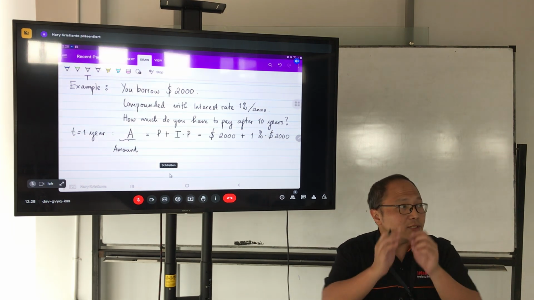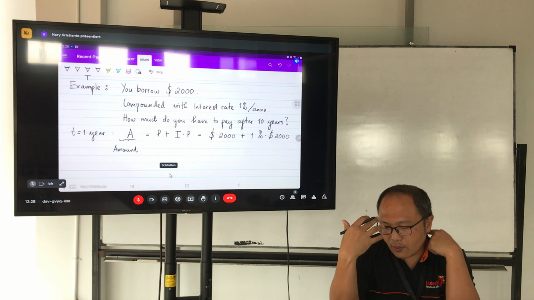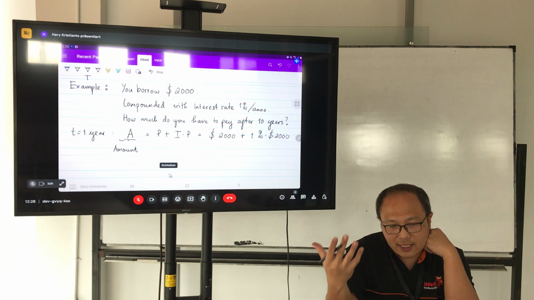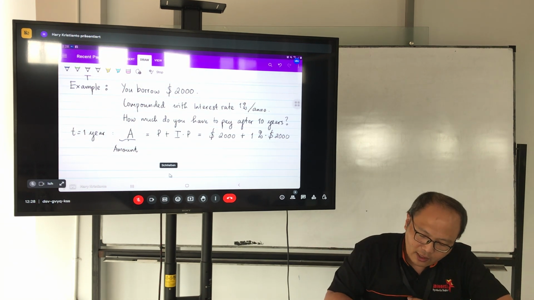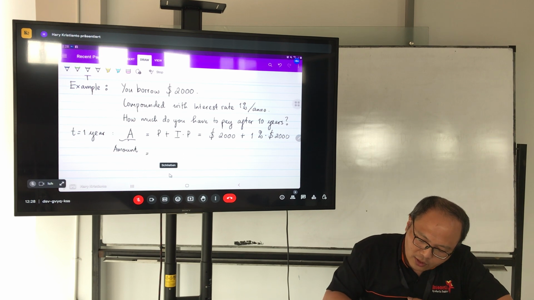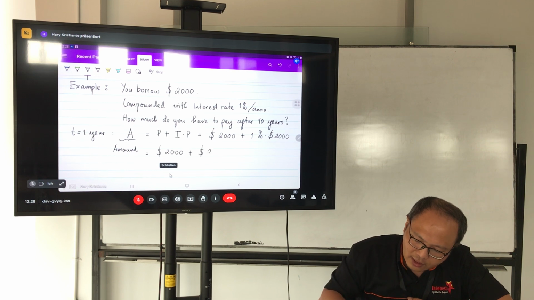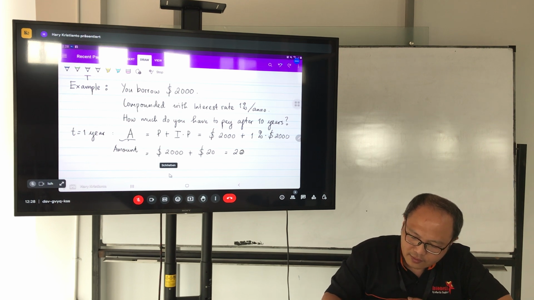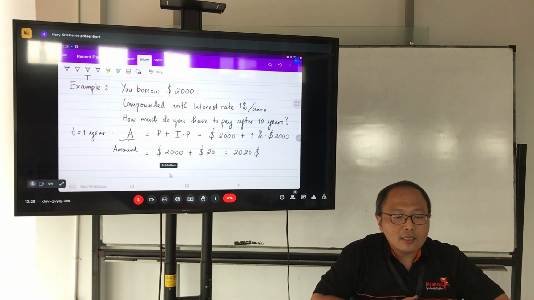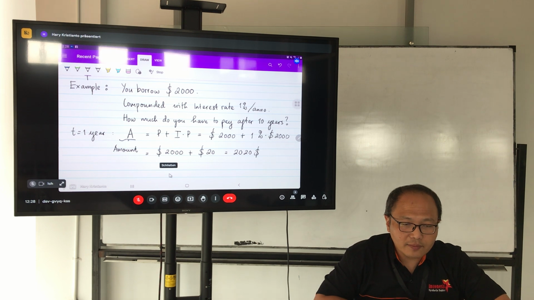So it doesn't make any difference, it's the same as simple interest. Basically, you have $2,000 plus $20, so you have $2,020 together that you need to pay after 1 year.